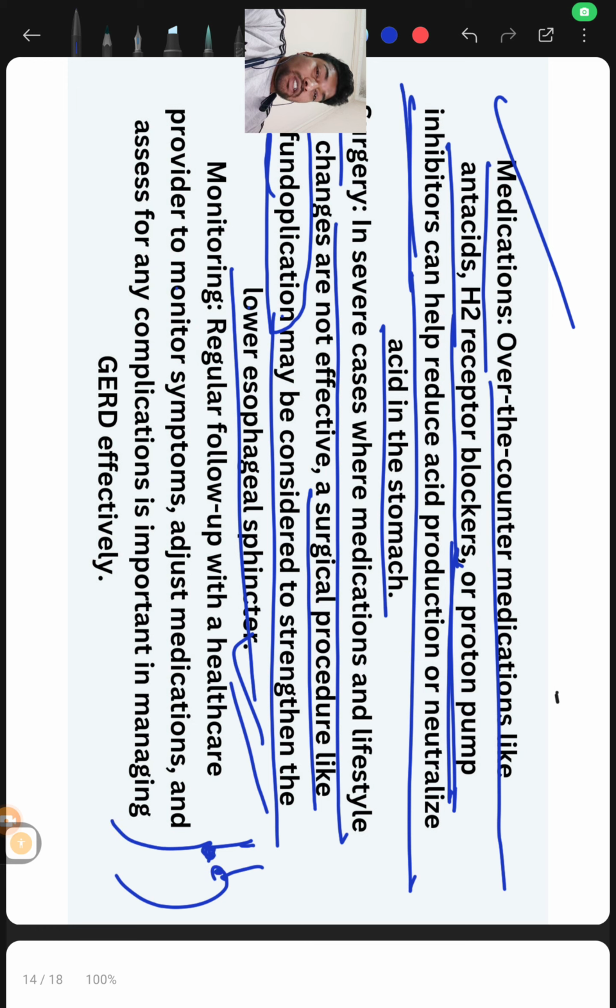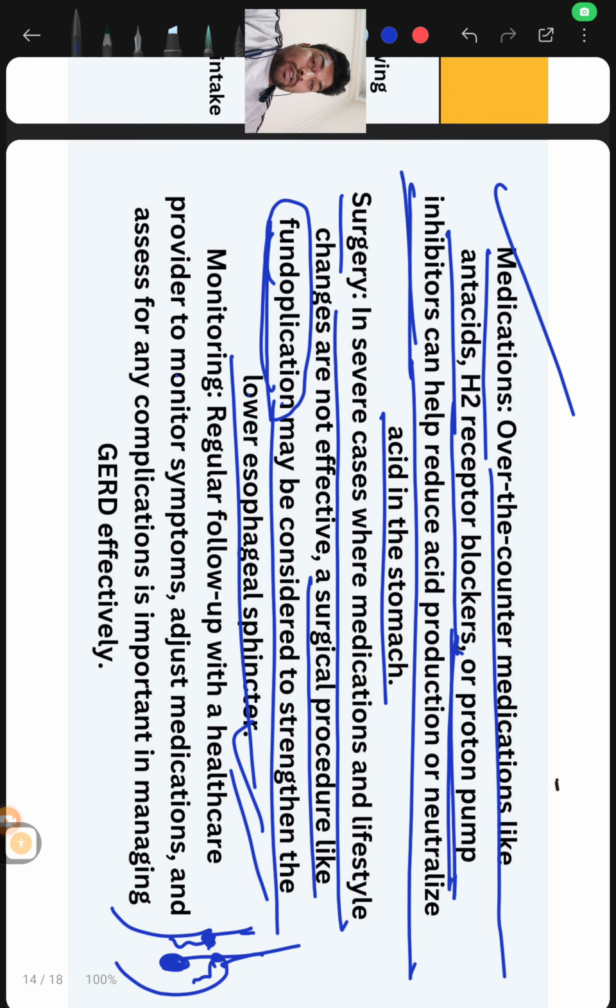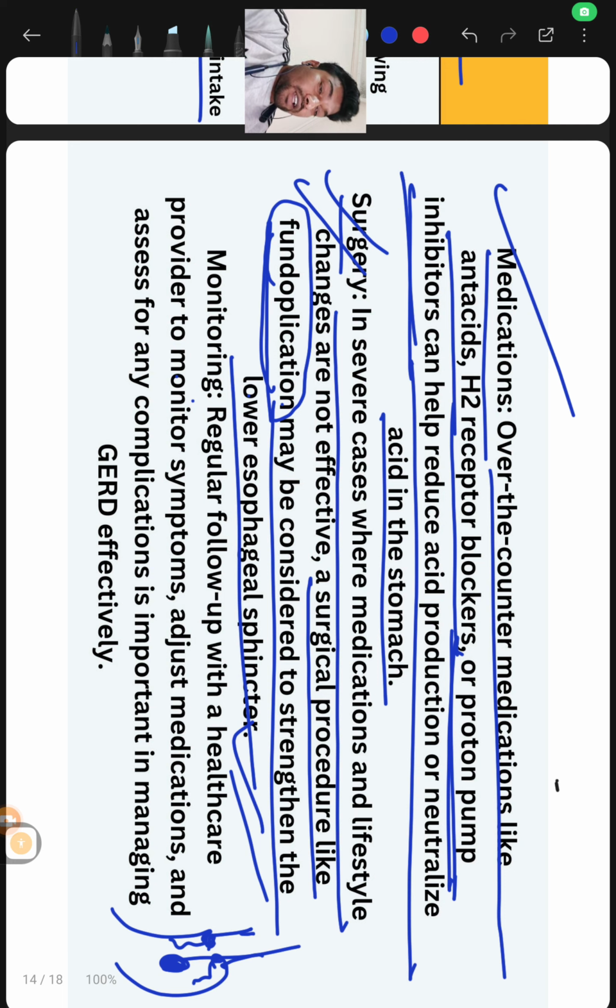So there is a procedure called fundoplication, in which the upper part of the stomach is folded and stitched, which now functions as a type of sphincter or valve, which does not allow the acids present in the stomach to reflux back into the esophagus. So surgery is also done.